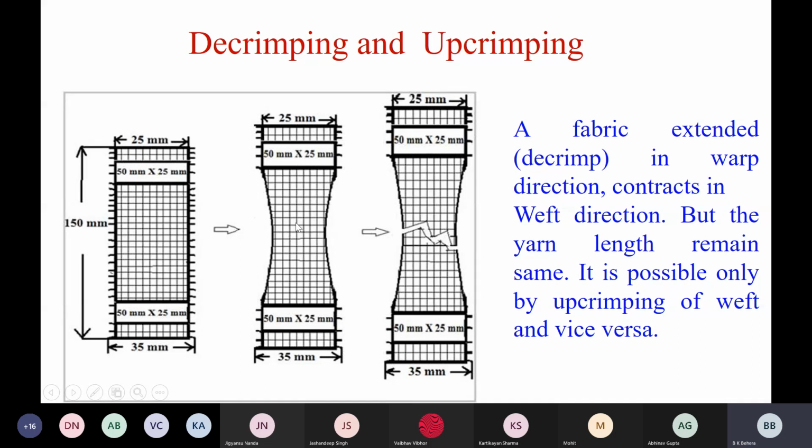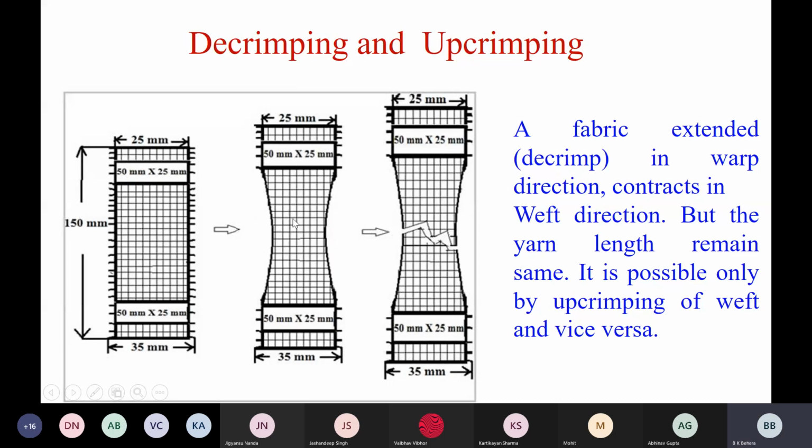That's why the crimp in weft yarn increases, the crimp in warp yarn decreases, and we call this phenomenon crimp interchange. The reduction of crimp is called decrimping. The increase in crimp is called upcrimping. The process as a whole is called decrimping and upcrimping, and the exchange of crimp is called the crimp interchange phenomenon.